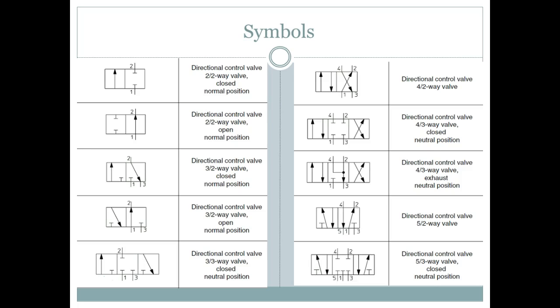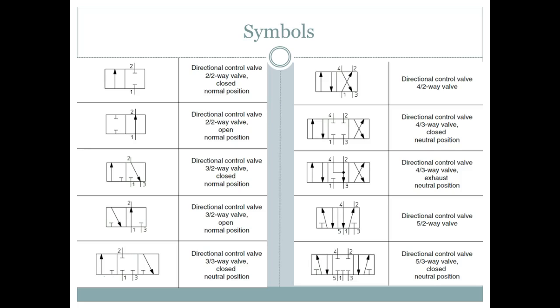So all your power ports are going to be what? Odd. All your working ports are going to be even. The pressure port would always be 1. That's an odd number. And your exhaust would be 3. Yeah, 1 is an odd number.